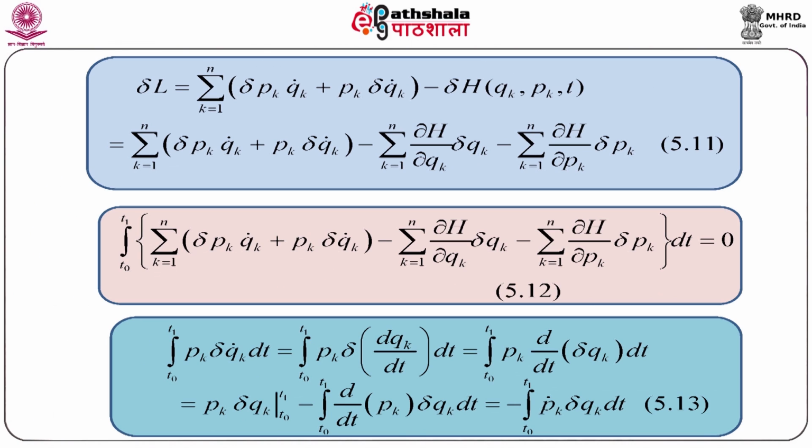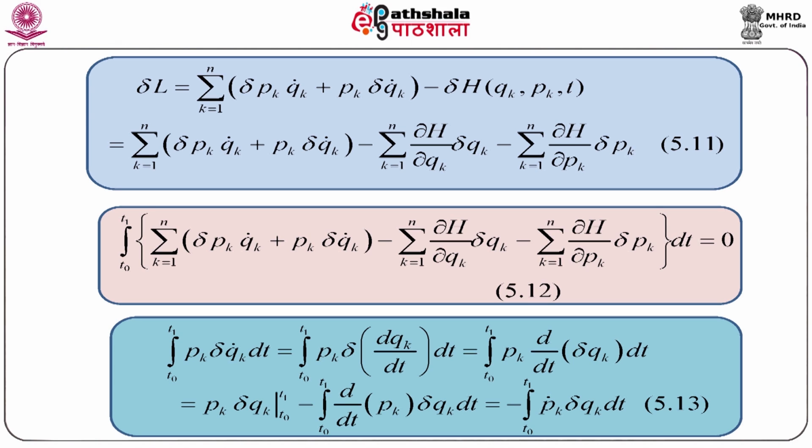Therefore, if we consider the variation of the Lagrangian, we have delta L equal to summation over k equal to 1 to n of delta pk qk dot plus pk delta qk dot minus delta H, a function of qk, pk and t.